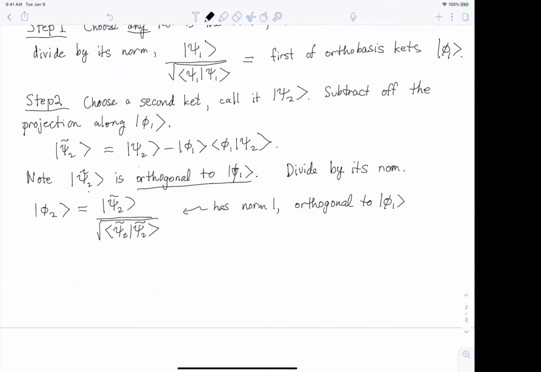Okay, so now we're just going to repeat. It's probably easier to do this if we write down the general step, which I will in a minute. So choose a third ket from our original list, which we're going to call psi 3. Now what we're going to do is subtract off from it the projections along both phi 1 and phi 2.